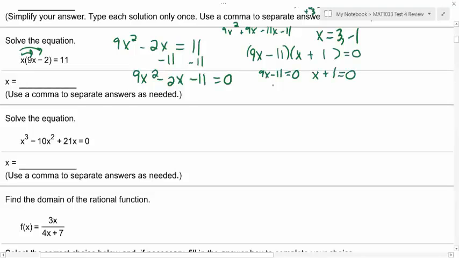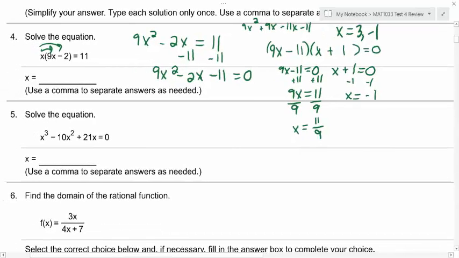So you get a negative 11 over 9 and you get a negative 1. Okay, I agree with you about the negative 1, but it should be positive 11 over 9 because you had to add 11 to each side. Yes, I see that now. Sorry. Oh, you're fine. Good.